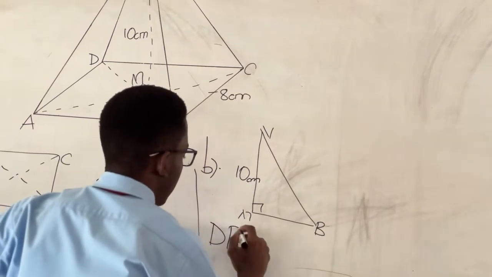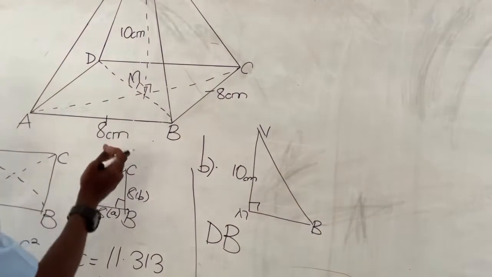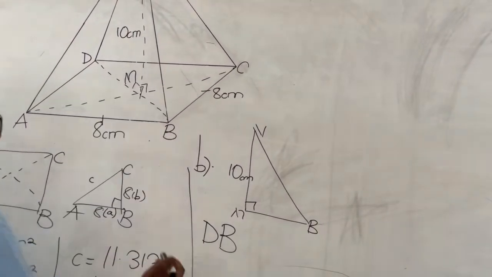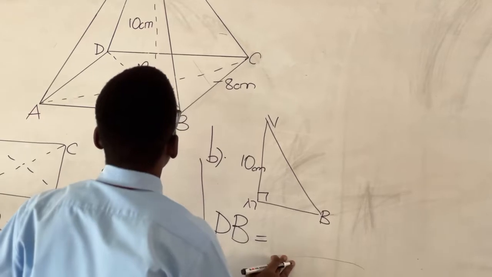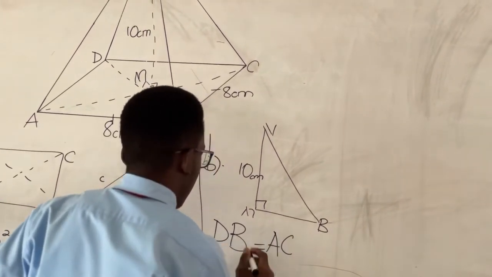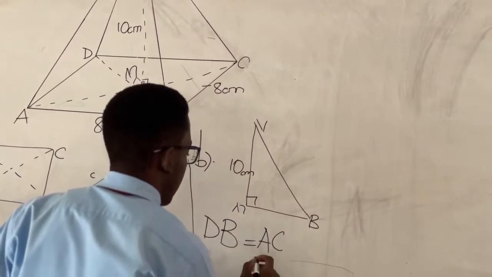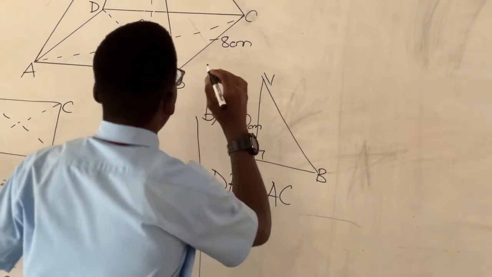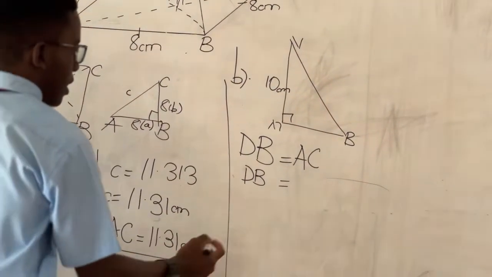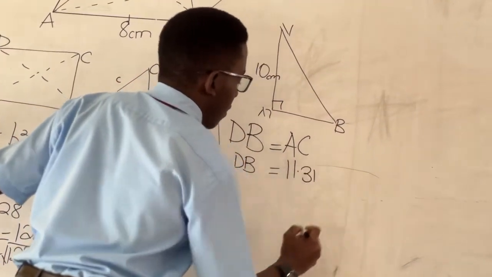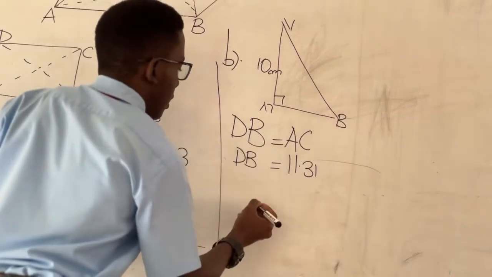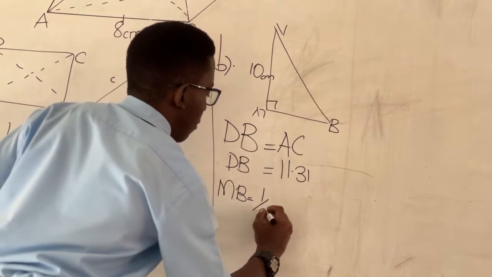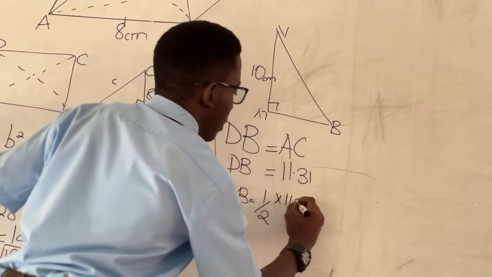We know DB is a diagonal of the square base, and since these sides are 8, 8, we know that the diagonals are equal to each other. So DB is equal to AC, which means DB is equal to our answer for SC, 11.31.